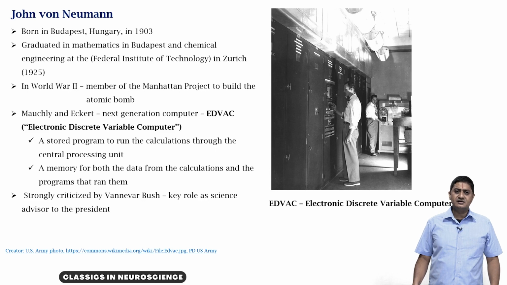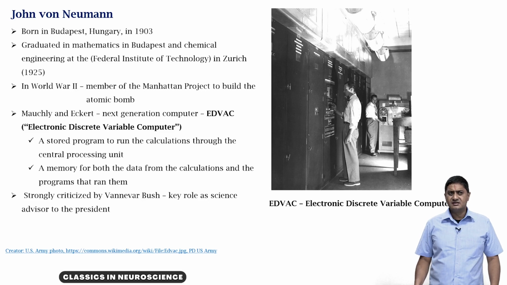This computer had improvements over ENIAC in terms of a stored program to run computations through the central processing unit, and it had a memory for both data from computations and the programs that ran them. Of course, he was strongly criticized by some people such as Vannevar Bush, who had a key role as the science advisor to the president.